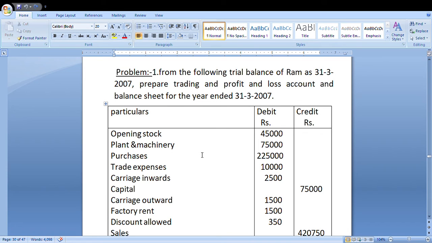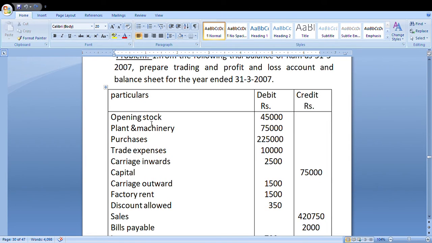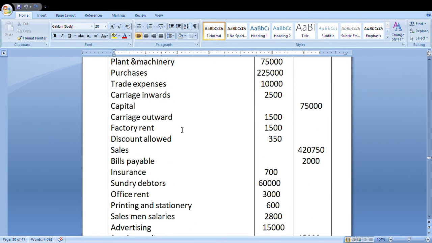Any item that is an asset enters the balance sheet, asset side. First, opening stock already enters the trading account. Plant and machinery is an asset, and enters the balance sheet, asset side.